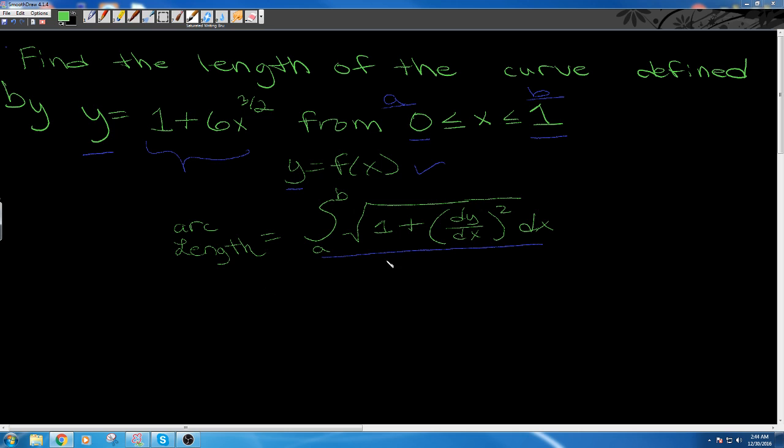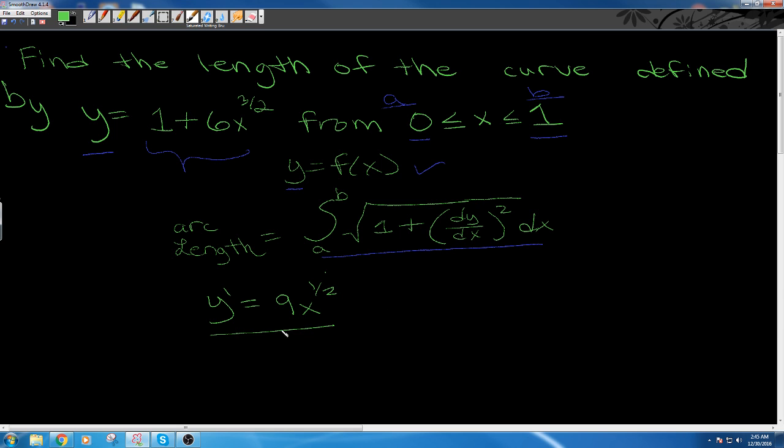We know that y prime is going to equal 3 halves times 6 times x to the 1 half, which is 9x to the 1 half.